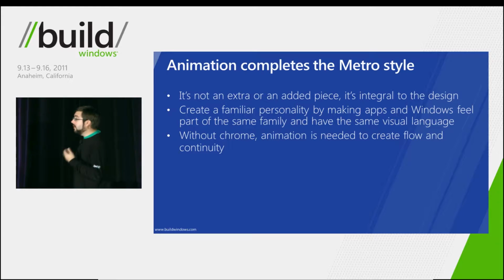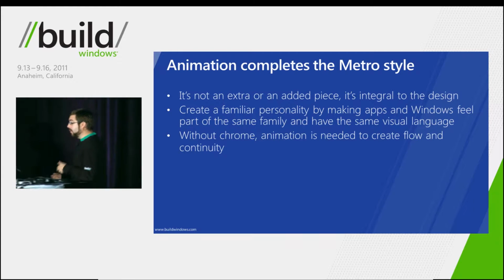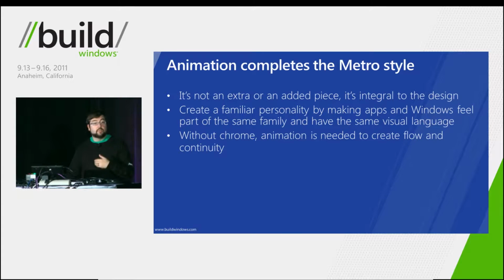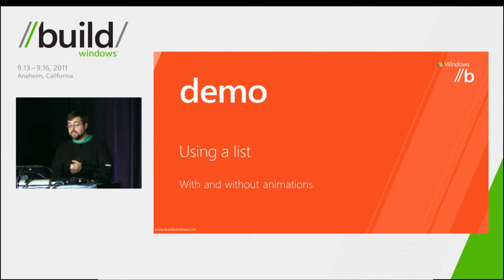So when you're building your app, think about ways that you can move Chrome off of the screen and use animations to create that same mental model and the same sort of usability and usefulness that maybe your Chrome or your controls would have in the past.